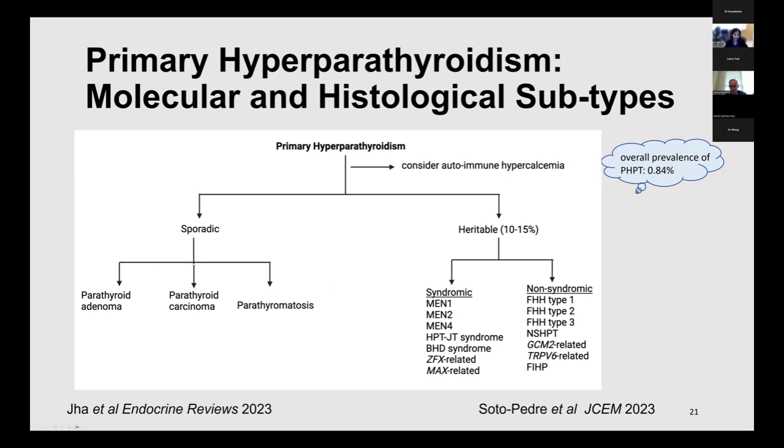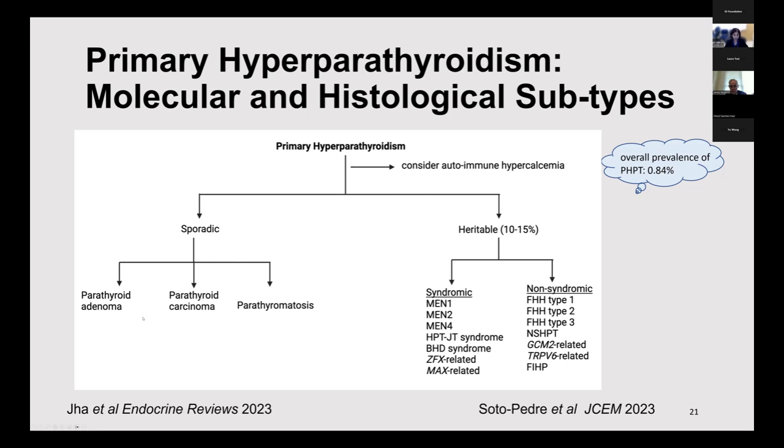On the left side, these sporadic forms of primary hyperparathyroidism can actually be caused by any of the genes mentioned under the heritable forms when the variants are noted in the somatic form. I have provided here the histological diagnoses of primary hyperparathyroidism, where this can be due to a parathyroid adenoma.